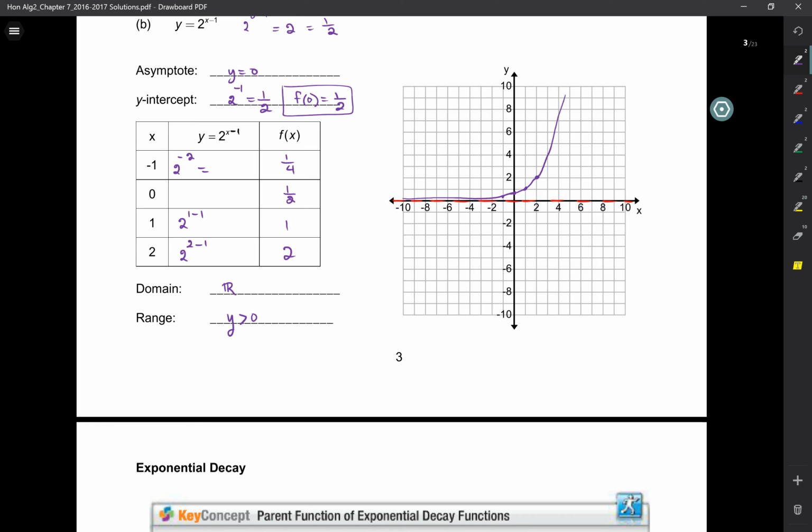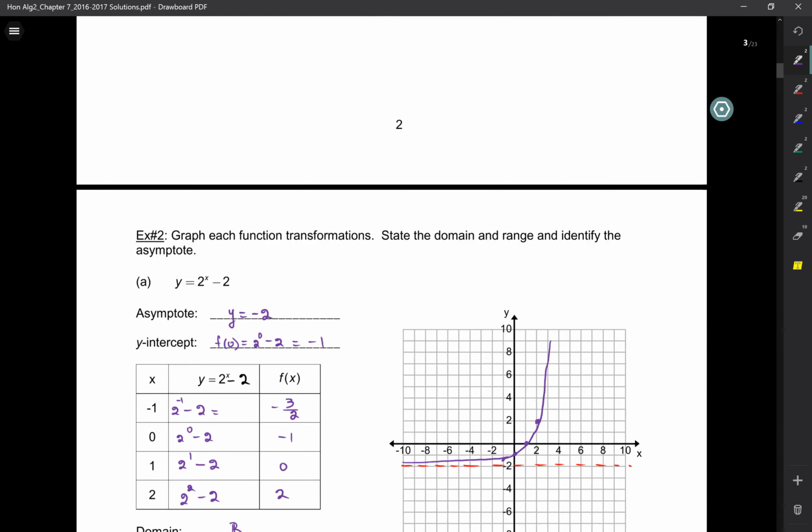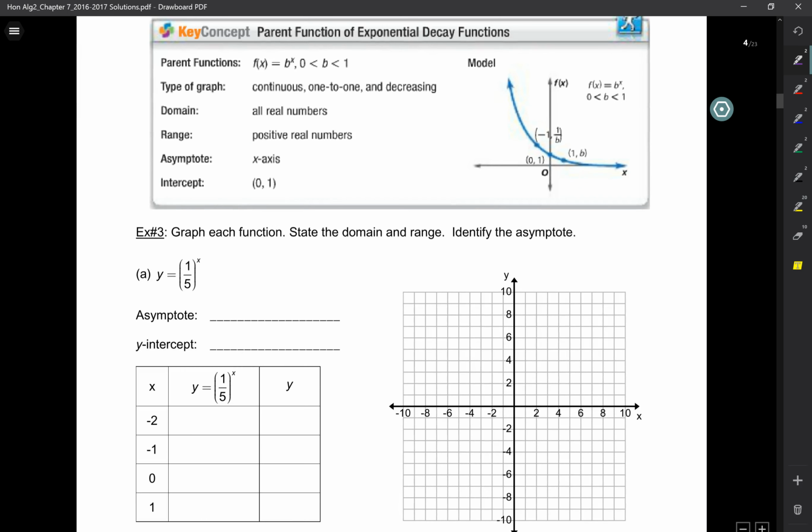So what about exponential decay? In exponential decay, b is between 0 and 1. So the graph looks like this. Remember, in decay you start off with a high number and then it levels off to 0.